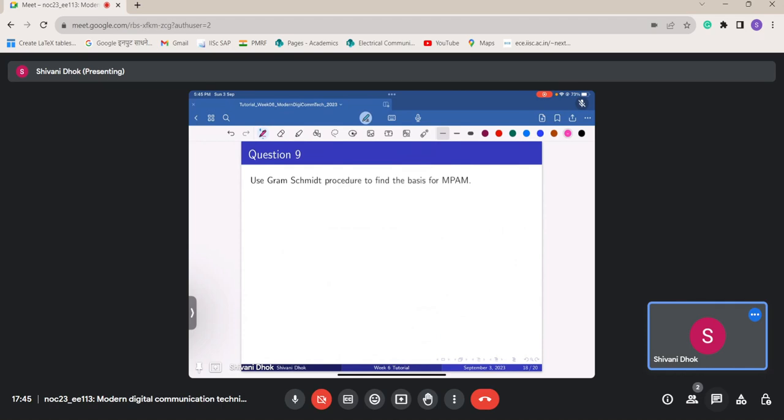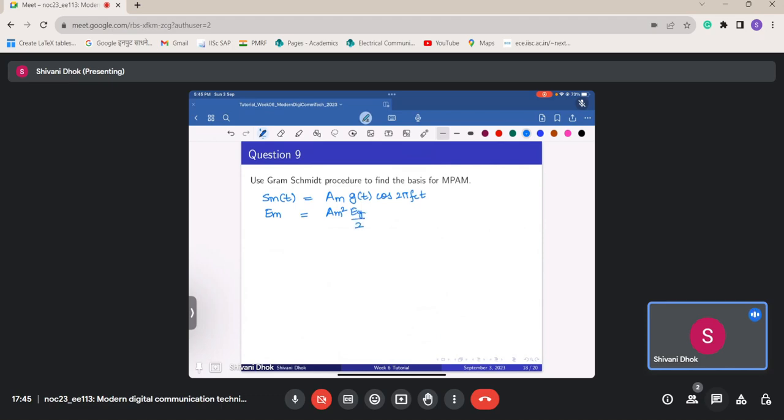Here the signal sm(t) for any MPAM signal is basically equal to Am g(t) cos 2 pi fc t, right? And we have seen that the energy for this is equal to Am square Eg by 2.